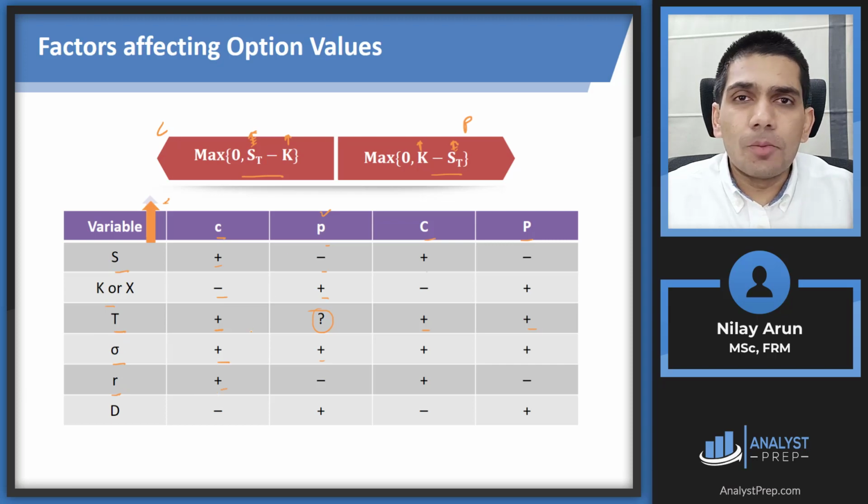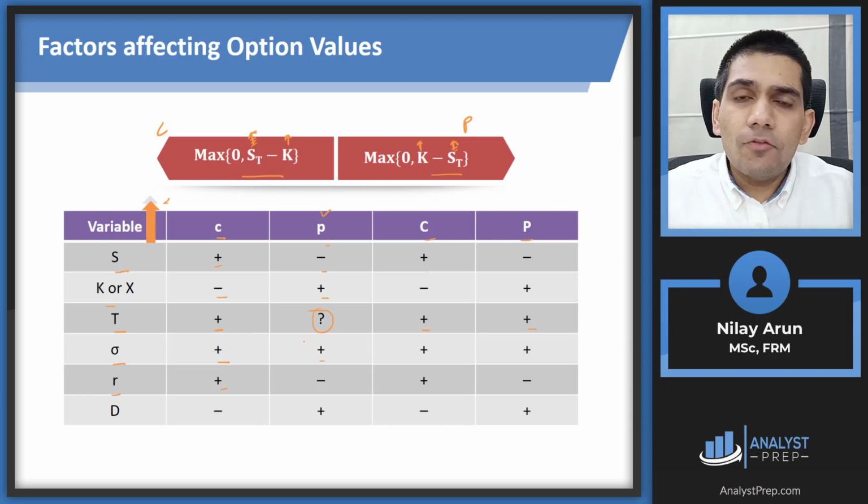Now, how about a put option? Now again, applying the same logic to a put option. Let's say you did not have a put option. What would you have done? You were afraid that the stock which you're carrying might fall down in value. So what you would have done was you would have sold that stock today itself and you would have received the money today.